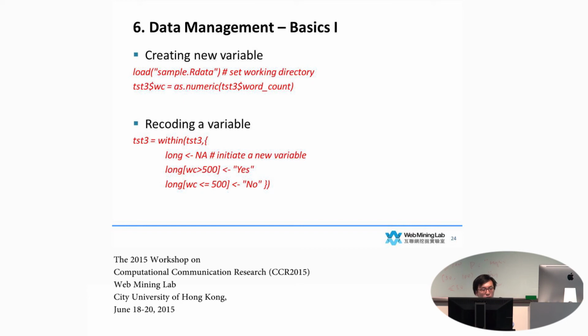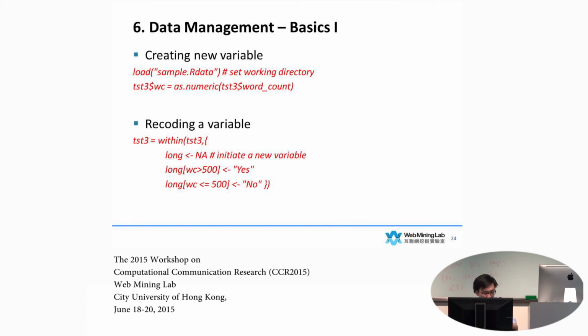Next, recode. We usually use this function in SPSS. How to recode? You can recode the WC variable into a binary variable according to the word count. For example, we recode into a binary variable to indicate long articles or short articles.